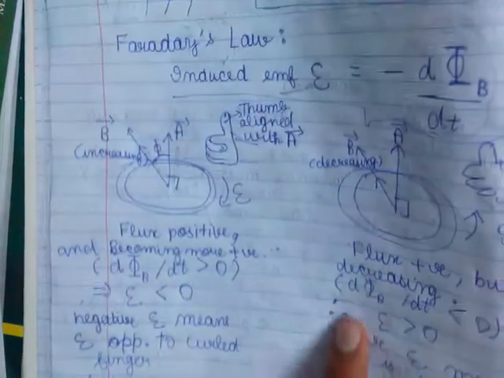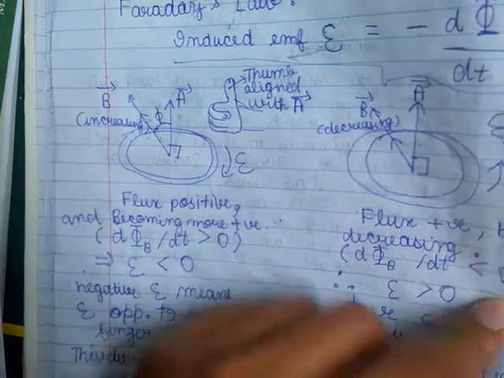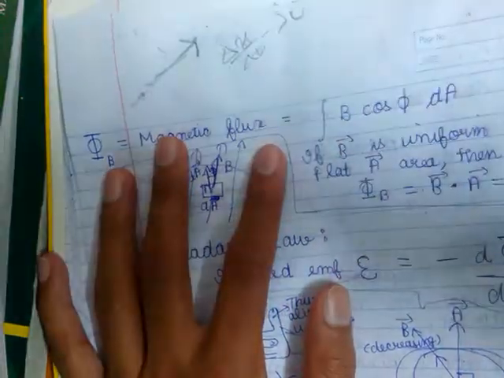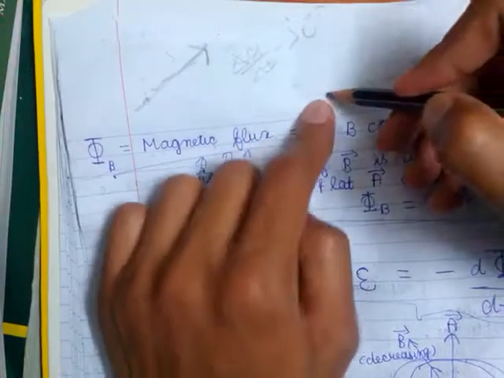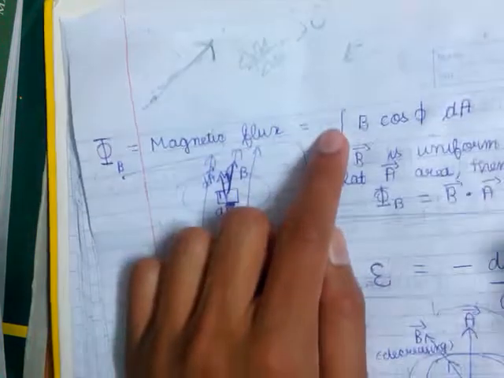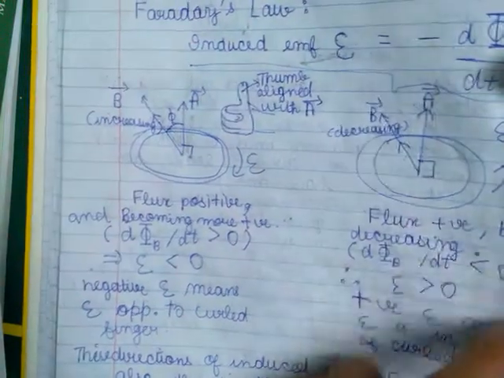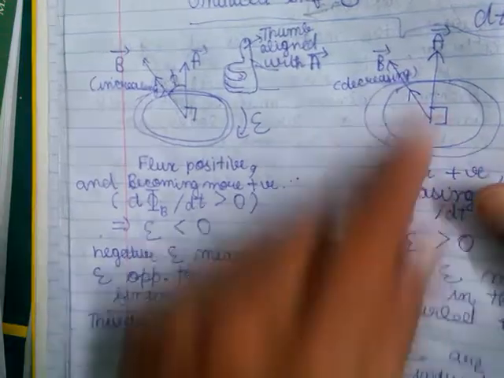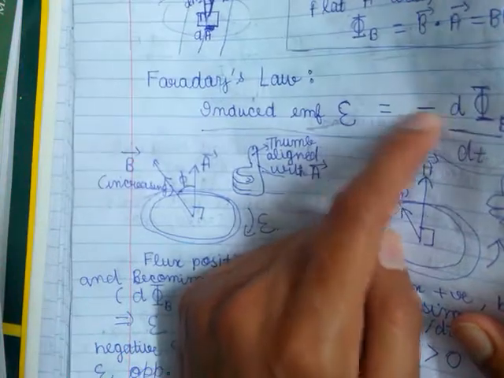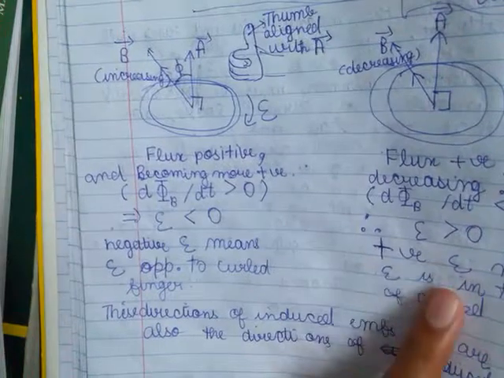Since it decreases, you get the rate of change of flux negative, just like when our speed is decreasing, we say that we have negative acceleration. Similarly, when the flux is decreasing, its rate of change is negative. Now since d phi dt is negative, the negative of something negative is positive, so induced EMF is positive in this case.